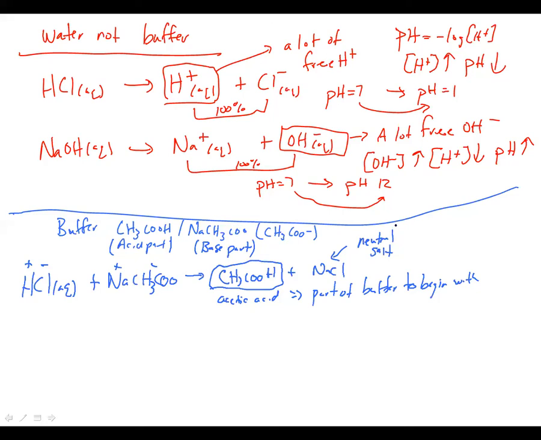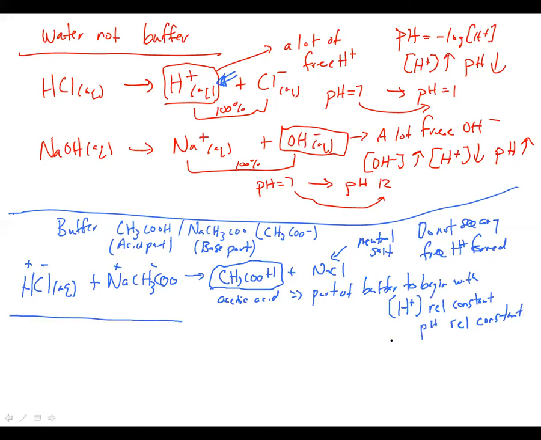But more importantly, what we do not see on the product side that we do see above is any free H plus formed. Since we didn't make any more H plus, the H plus concentration remains relatively constant. And because the H plus concentration is relatively constant, the pH remains relatively constant as well, because we didn't get a big jump in the amount of H plus being made.